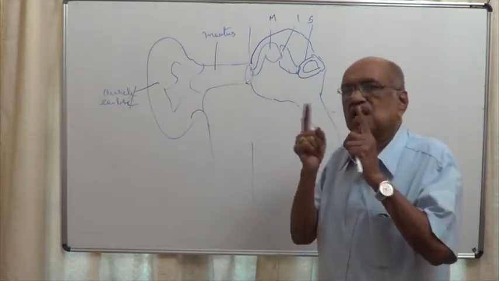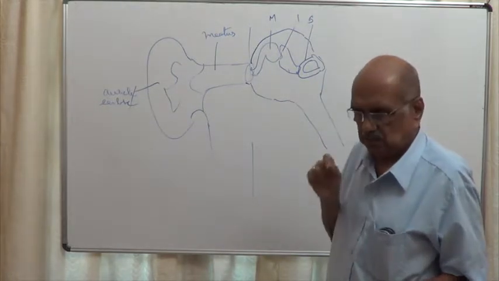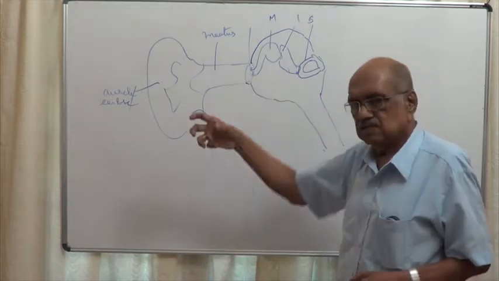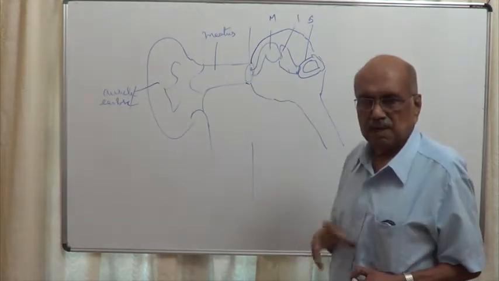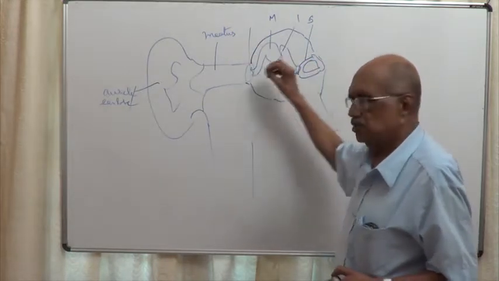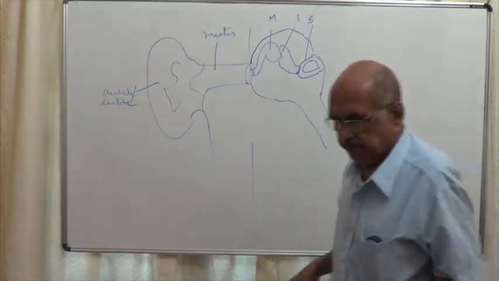Ear ossicles are movably articulated with the help of small muscles. In fact, the malleus is attached to the tympanum, the incus to the malleus, and the stapes to the incus. Stapes has two attachments.